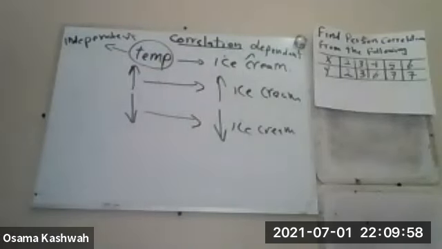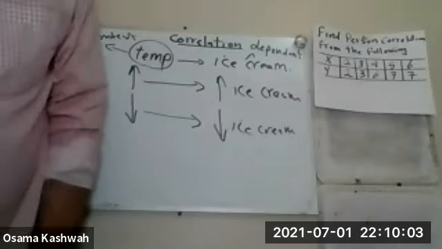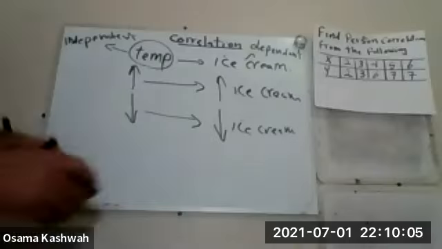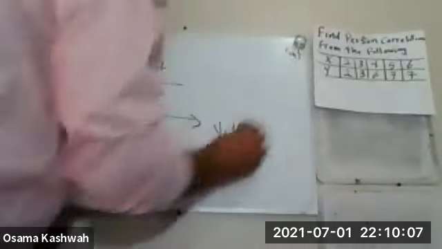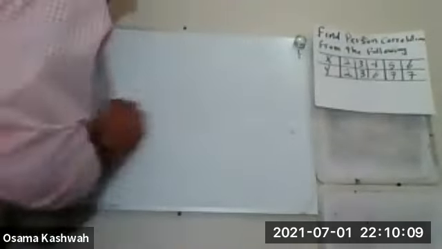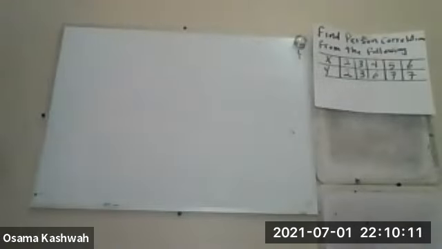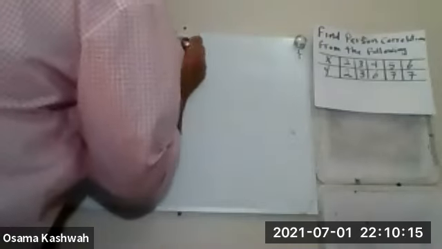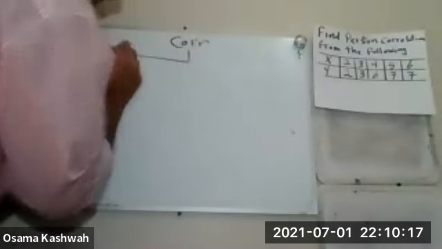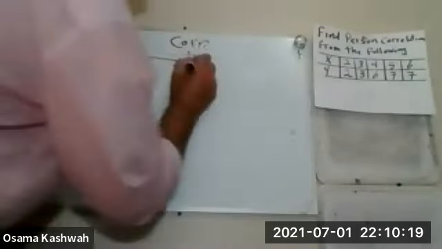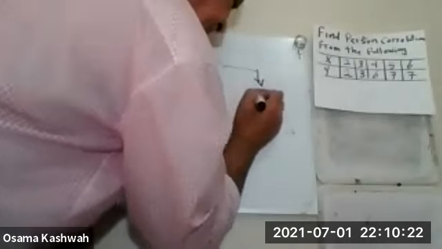We have two types of correlation. Correlation may be positive and may be negative.